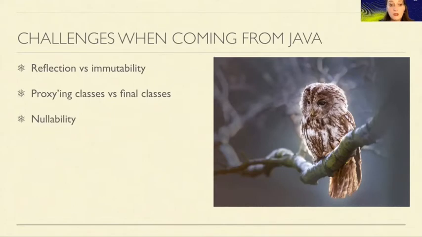If it's not declared as being nullable, the variable can't hold the value null. And that sometimes clashes, especially when you're developing against Java APIs or developing with Java libraries.